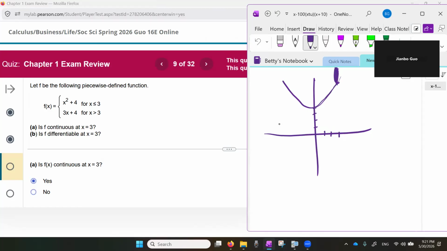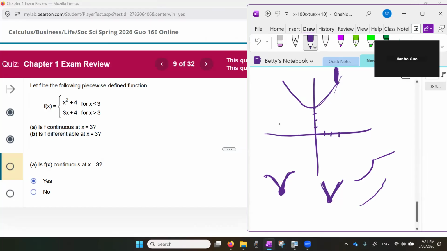It doesn't have a tangent line. Similar to the cusp or angular point, where two curves meet it is not differentiable. Where two straight lines meet, not differentiable. This one is a curve and a straight line, right?